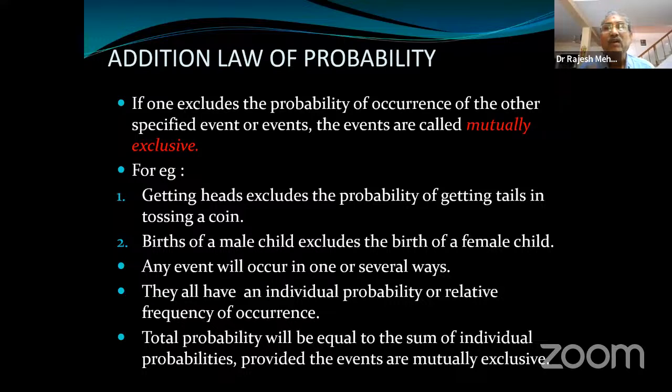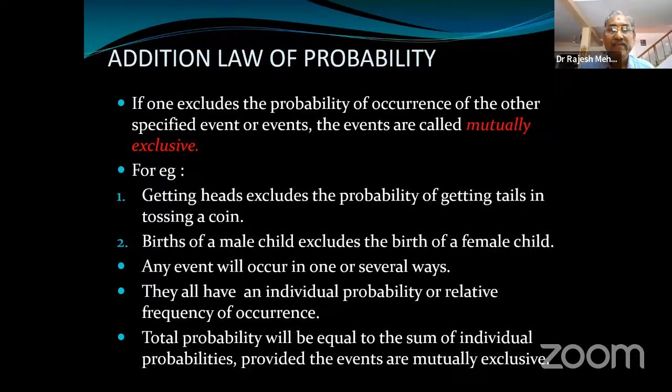Or patient survived or patient died. Mutually exclusive. Right? And in both cases, the event will occur in one or several ways because they are mutually exclusive. And they all have an individual probability or relative frequency of occurrence. These are the situations where you can apply the addition law of probabilities. Total probability will be equal to 1. Suppose there are four things occurring.